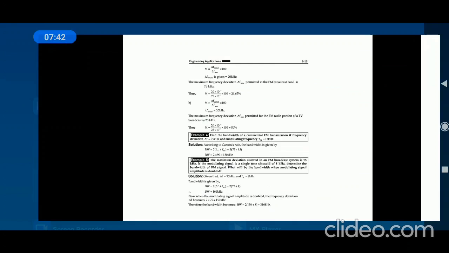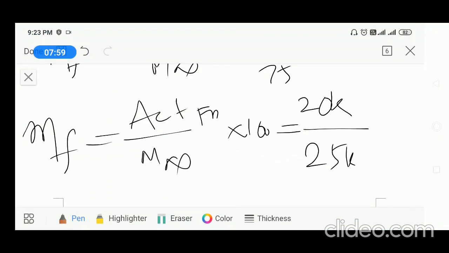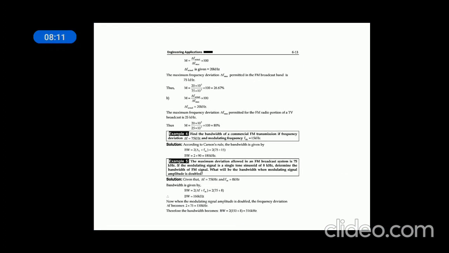Then 20 by 25, you will get 0.8 actually. If you multiply with 100, you will get 80%. In this way you can calculate the frequency modulation index when actual frequency deviation and maximum frequency deviation are given.